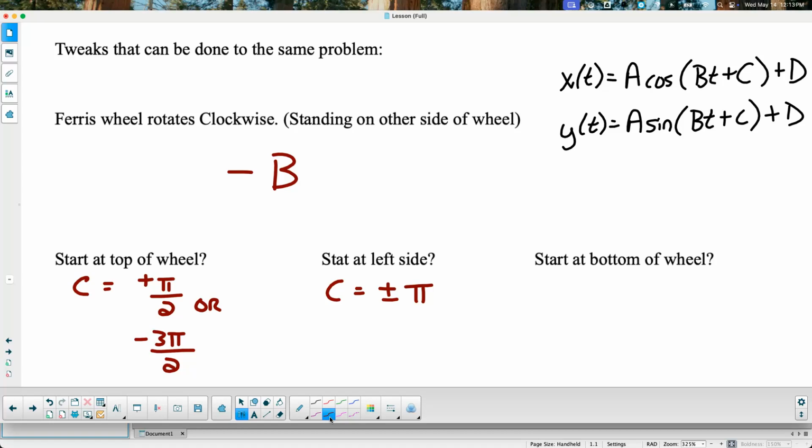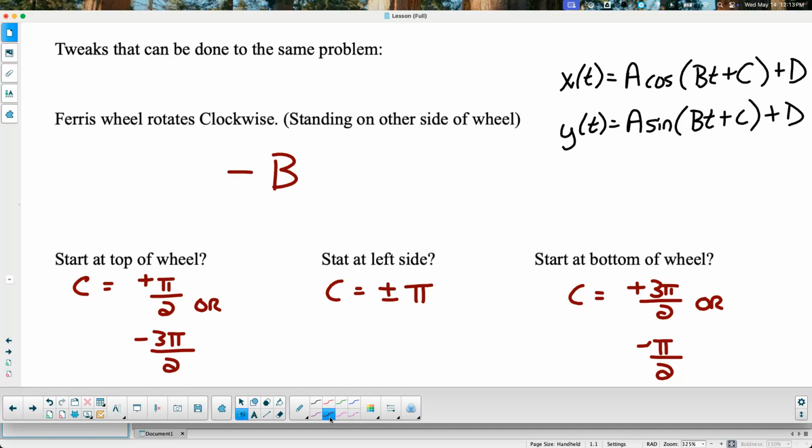And if we want to start at the bottom, our C value would be positive 3 pi over 2 or negative pi over 2. Or, frankly, we could start at 7 pi over 4, or 5 pi over 3, or 5 pi over 4.